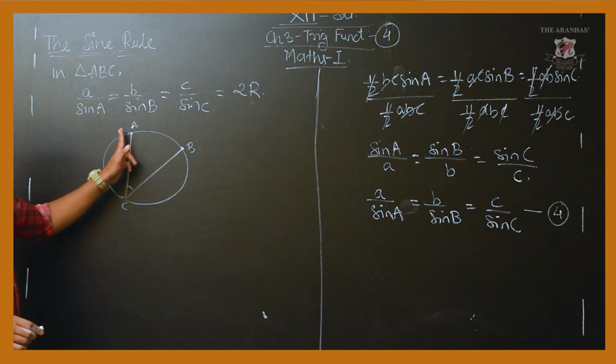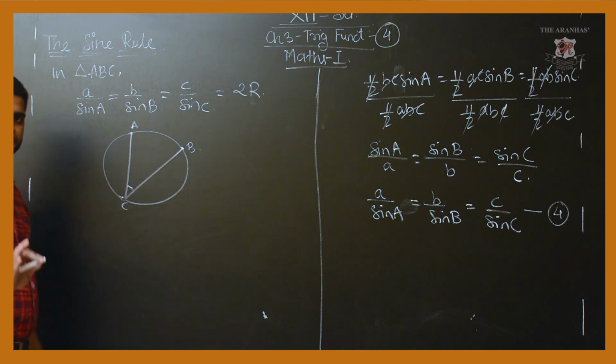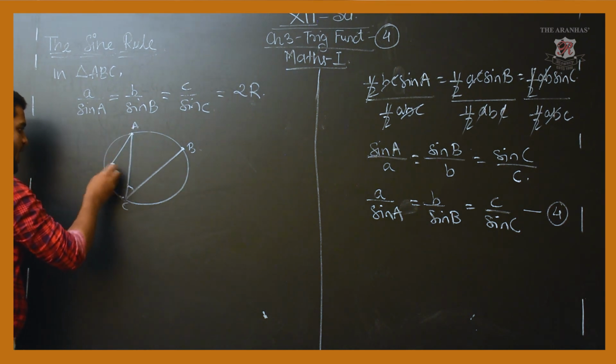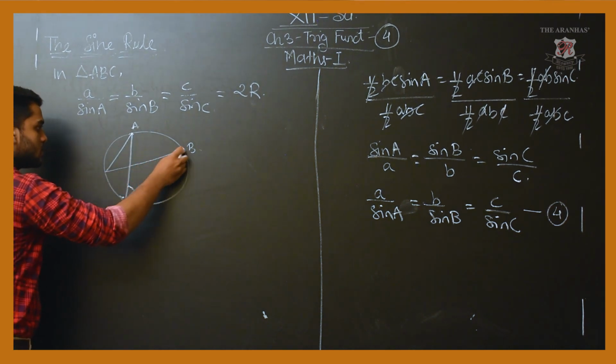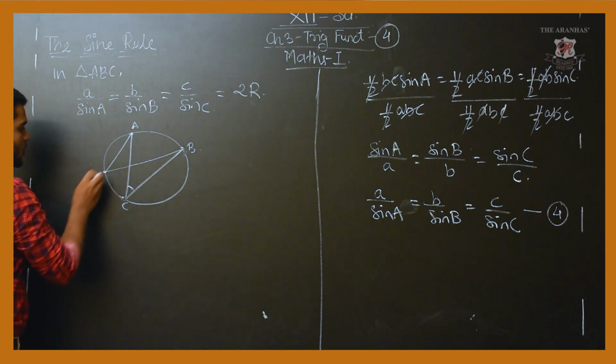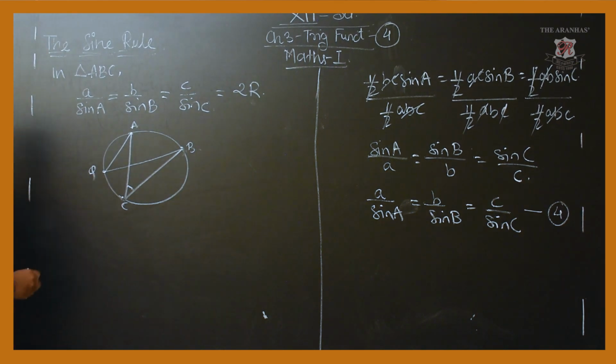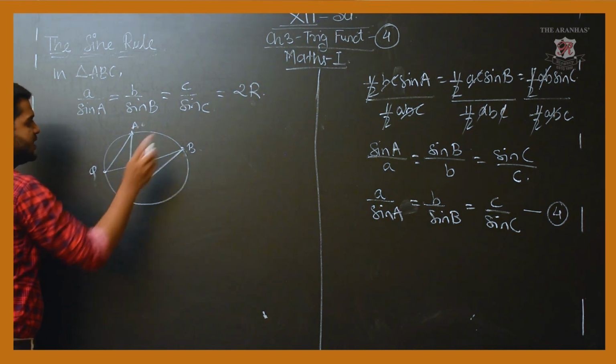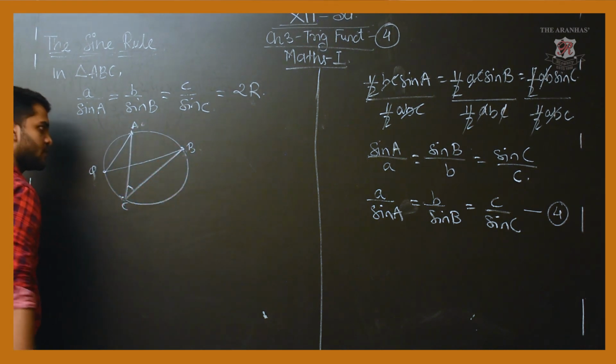This angle C is half of the arc AB. Does everyone agree? Now I draw one more angle over here. Let's call it Q. Now if you observe, angle AQB has the same arc, correct?